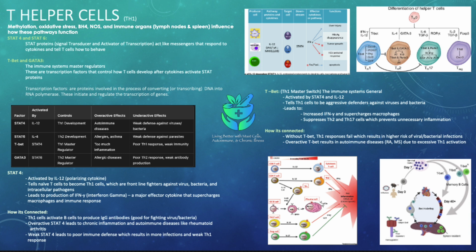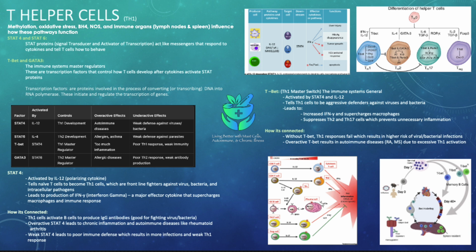How it's connected: without T-bet, Th1 responses fall, which results in a higher risk of viral and bacterial infections. An overactive T-bet results in autoimmune diseases like rheumatoid arthritis, MS, etc., due to excessive Th1 activation.